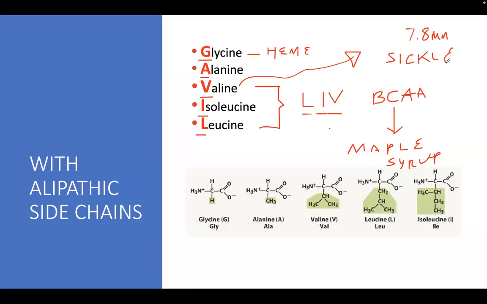What actually happens? There is a missense or point mutation at position 6 of the beta globin chain, where there is a substitution of what two amino acids? Valine is one. The other is glutamic acid.